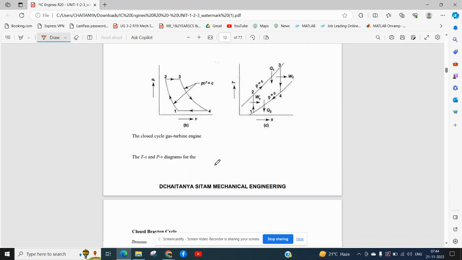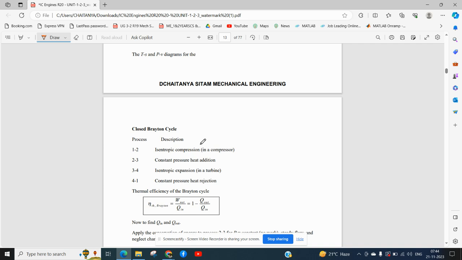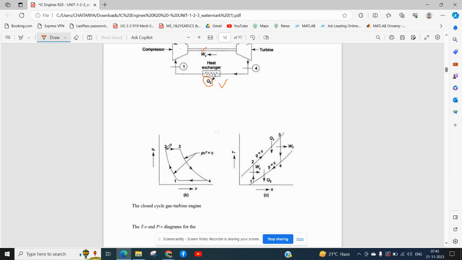We need to identify the efficiency of the Brayton cycle. This is a closed cycle gas turbine engine, where the T-S and P-V diagrams are given. 1 to 2 is isentropic compression, a reversible adiabatic compression, so entropy remains constant. Under this compression, there is a rise of pressure with respect to temperature.